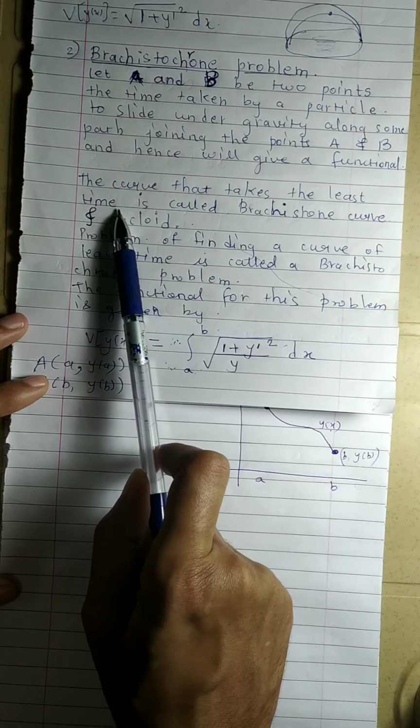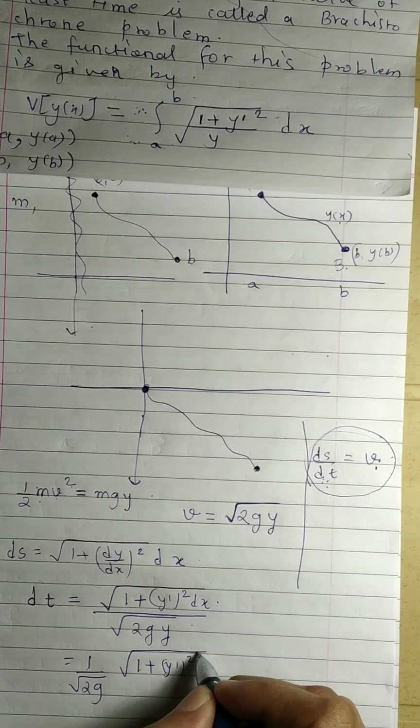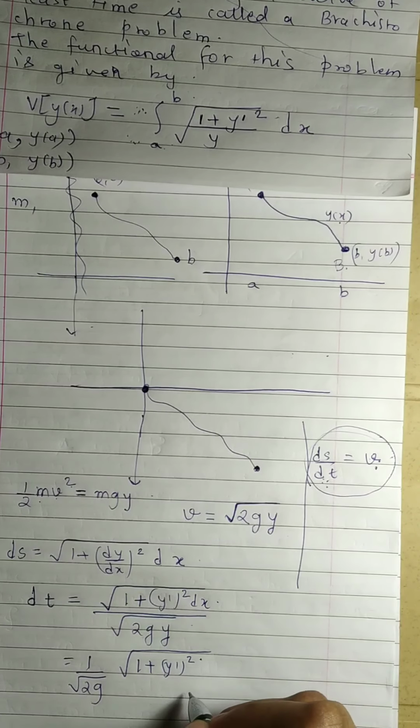Divided by that v, 2gy, which gives 1 upon root of 2g into root of 1 plus y dash square, dx, divided by root of y.